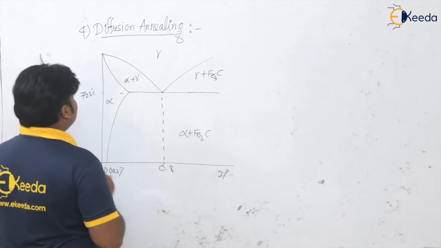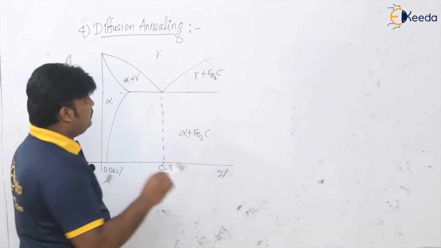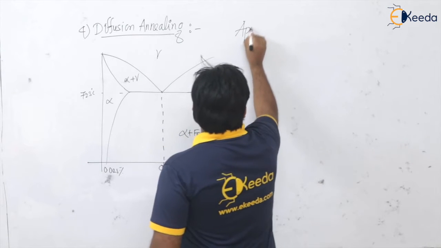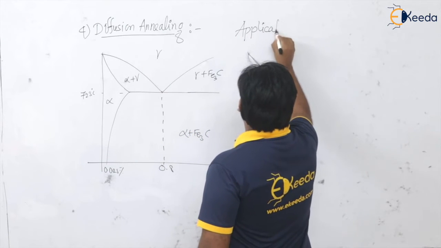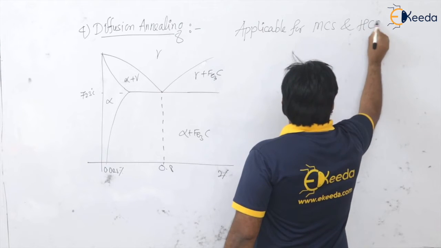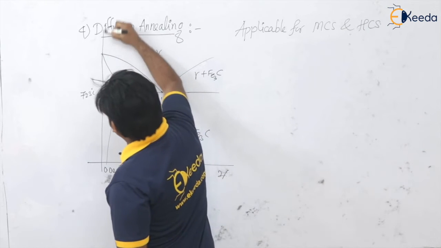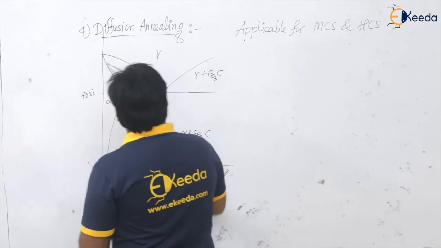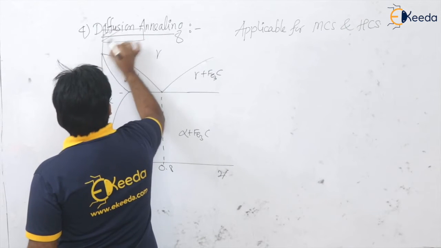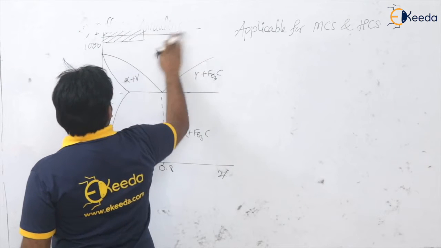Now see here, in diffusion annealing we are going to heat the specimen. First of all, please remember that this process is applicable for medium carbon steels and high carbon steels, where the material is heated up to, I can show you here, from 1000 to 1200 degrees centigrade.